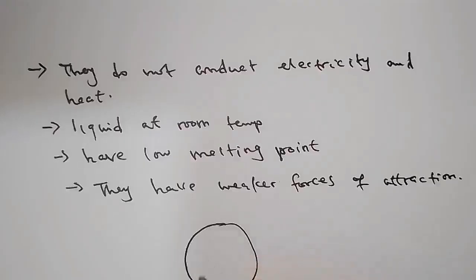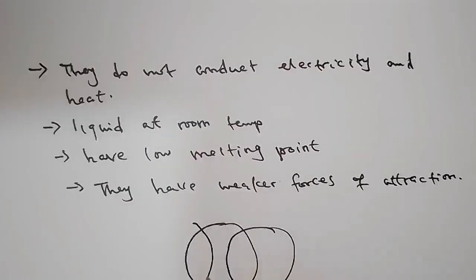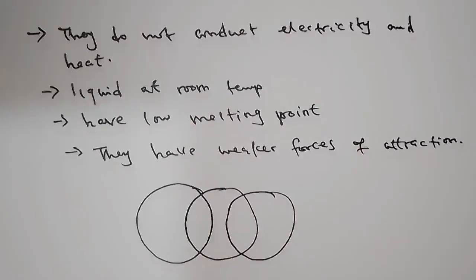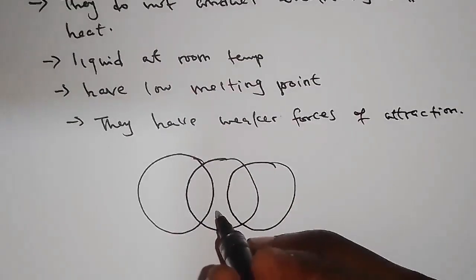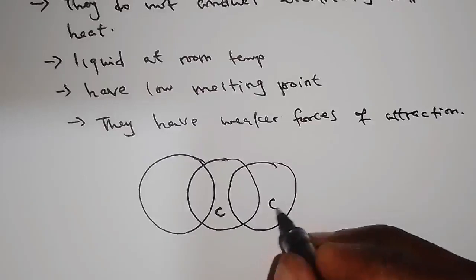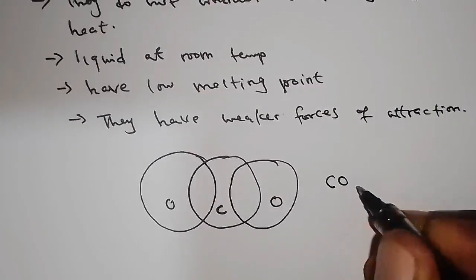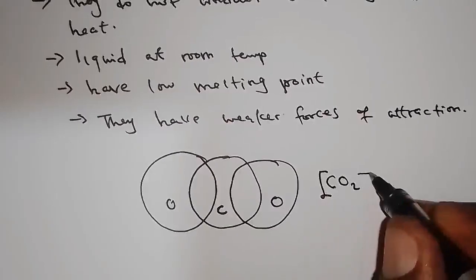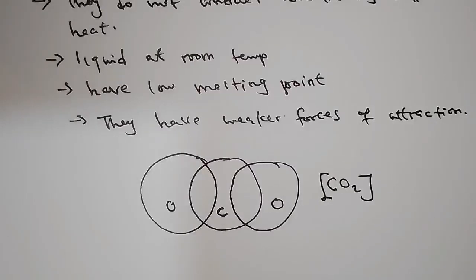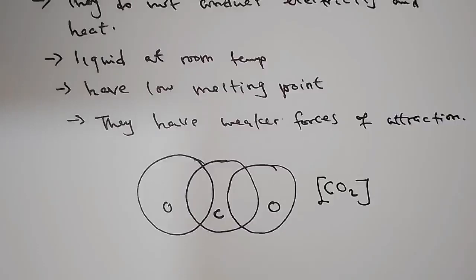For example, they only share the electrons. So let's say this is a carbon and this is oxygen and oxygen, like in carbon dioxide. We shall come and look at how you can represent this kind of bonding.